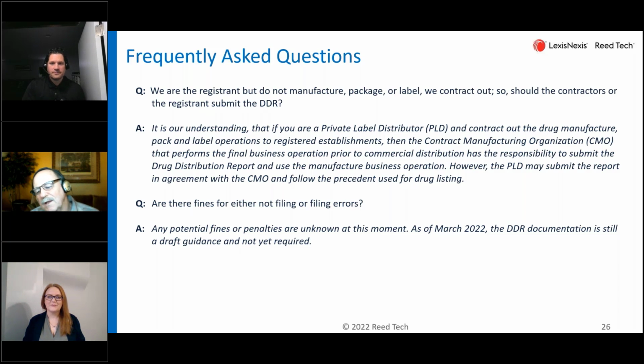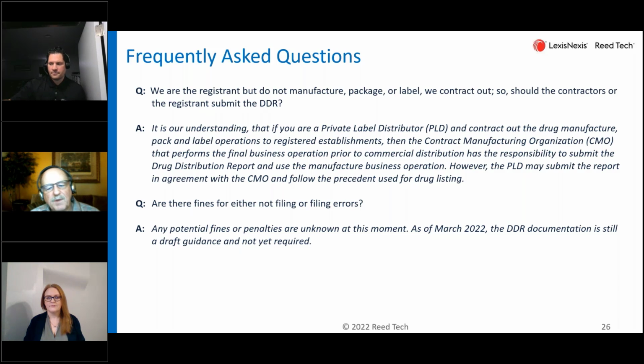So this came up quite frequently, in industry meetings and so on. But it's now pretty clear who has the drug distribution report responsibility for a drug listing. The contract manufacturer has the primary responsibility for reporting their quantities in this drug distribution report, as well as reporting the quantities for the private label distributor.